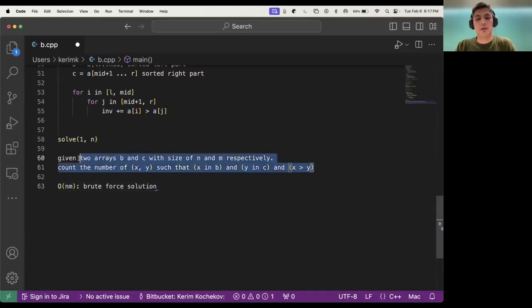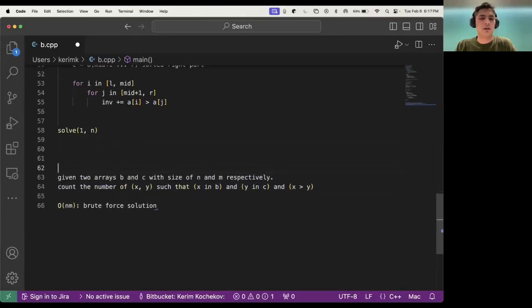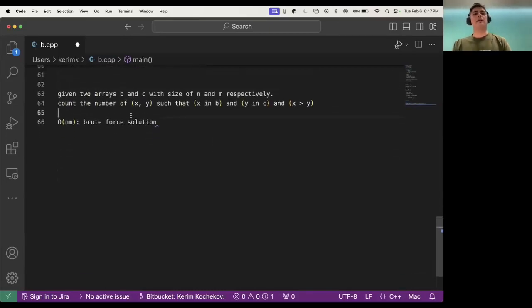You just try out all pairs in both arrays. So this is our current problem to be solved.